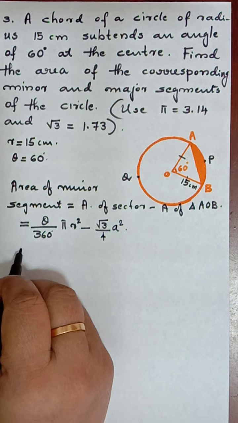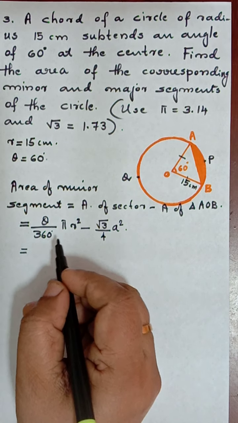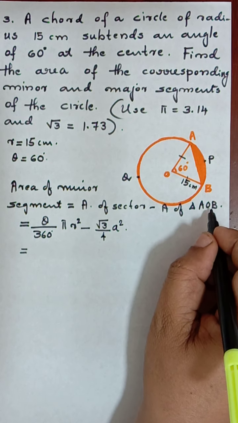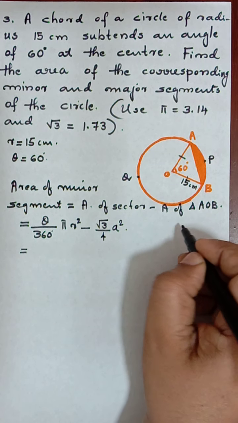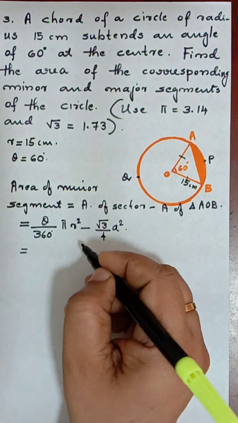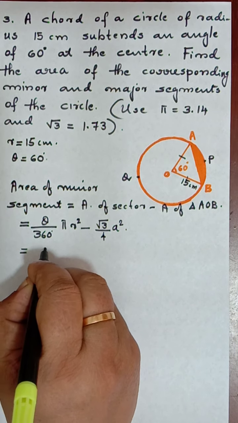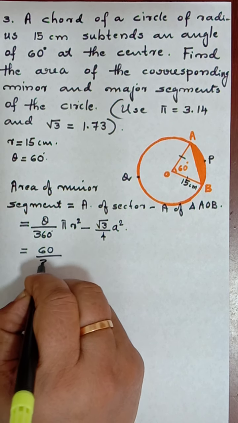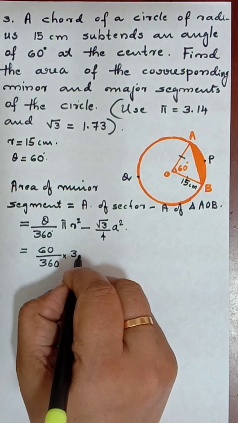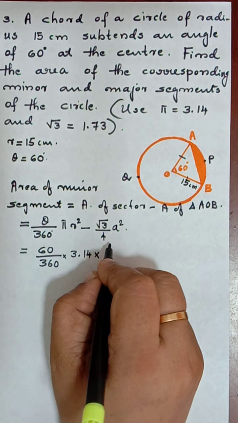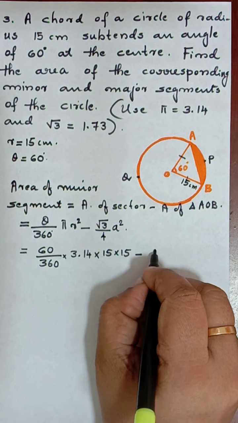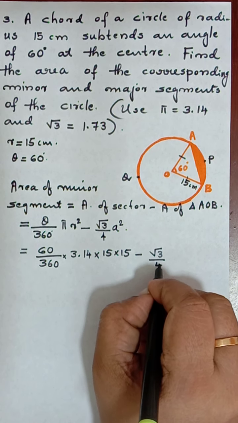Okay. So let us substitute theta value. Here, if you want to make a note, triangle AOB is equilateral. Sides are equal and angles are equal. So substituting this value, 60 by 360 into pi value already mentioned, it is 3.14, into radius square, it is 15 into 15, minus root 3 by 4 a square.